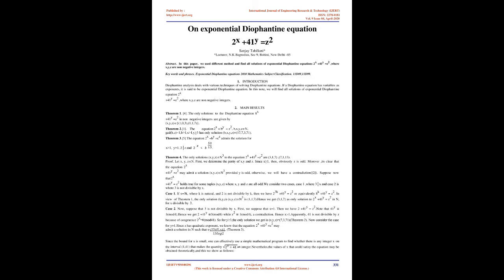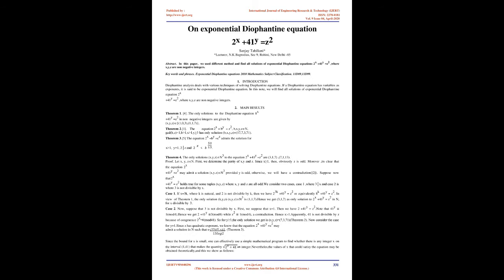We consider two cases: case 1 where 3 divides x, and case 2 where 3 does not divide x. Case 1. If x = 3k, where k is natural, then we have 2^(3k) + 41^y = z^2, or equivalently 8^k + 41^y = z^2.